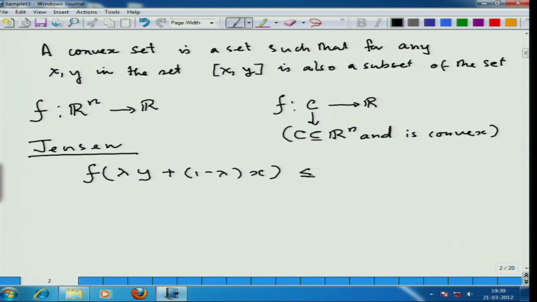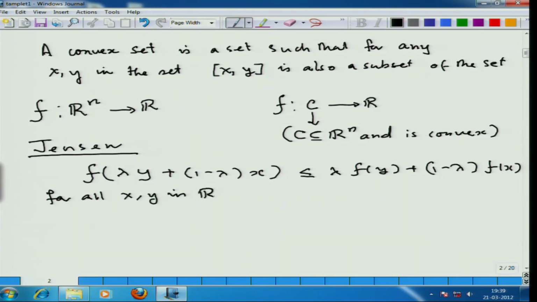This has to be less than or equal to lambda times f of y plus 1 minus lambda times f of x, for all x, y in Rn or C and lambda in [0, 1]. This is the definition of Jensen, but a much more modern definition can be given in terms of epigraph.